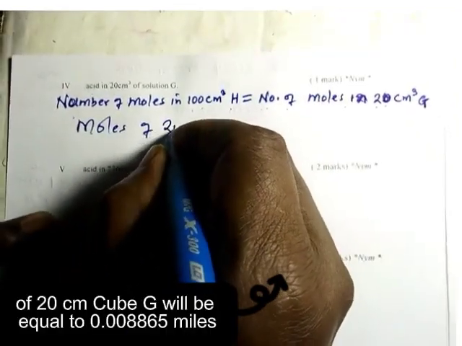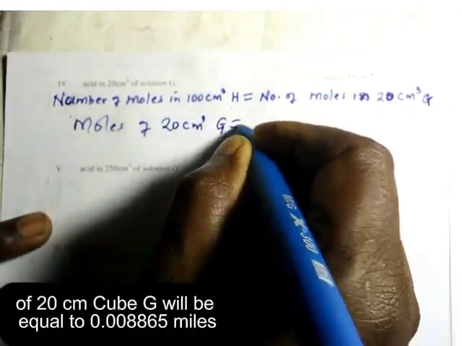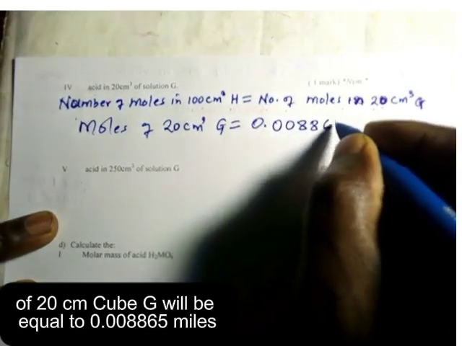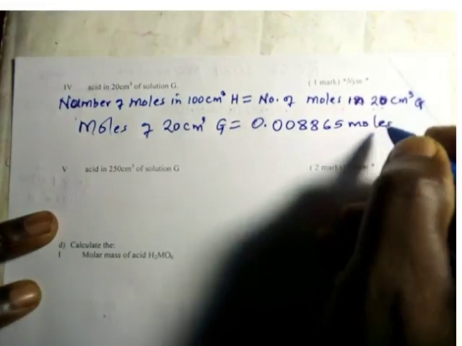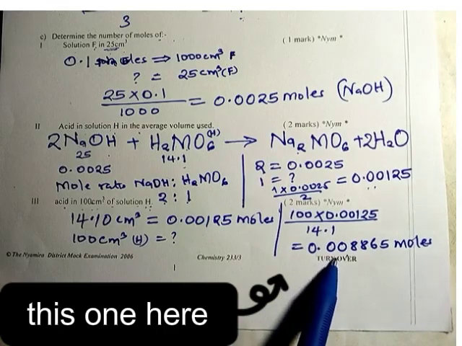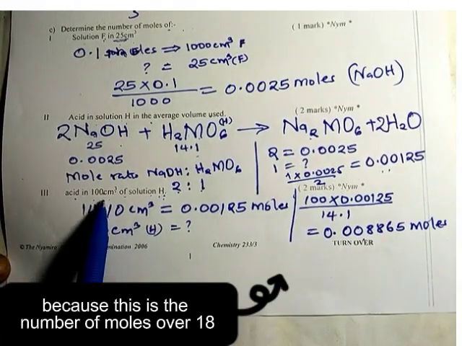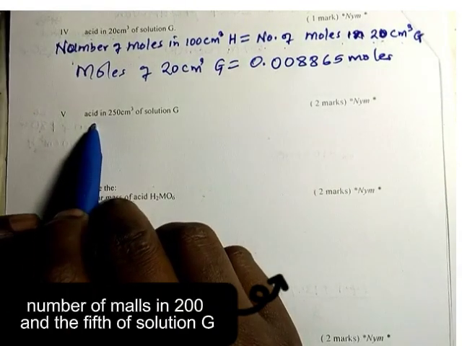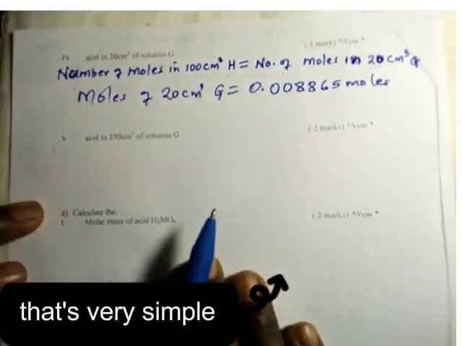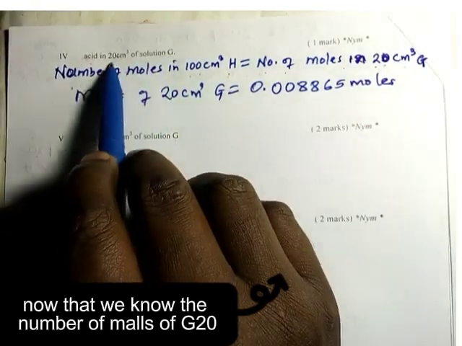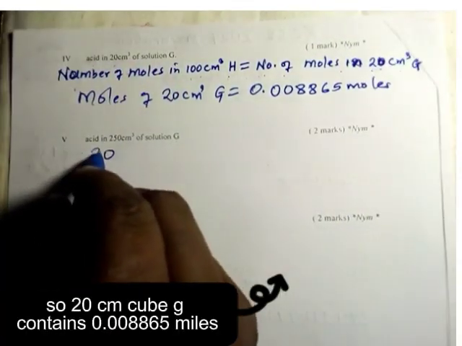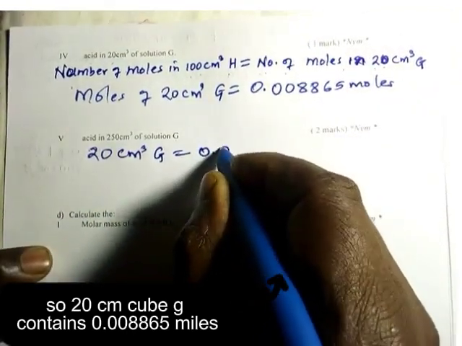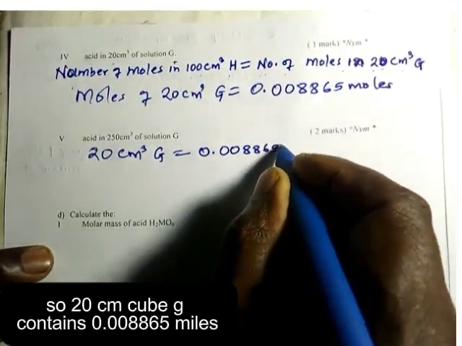So moles of 25 centimeters cube G will be equal to 0.00865 moles. This one here, because this is the number of moles of H in 100. Number of moles in 250 of solution G. That's very simple now that we know the number of moles of G in 25. So 25 centimeters cube G contains 0.00865 moles.